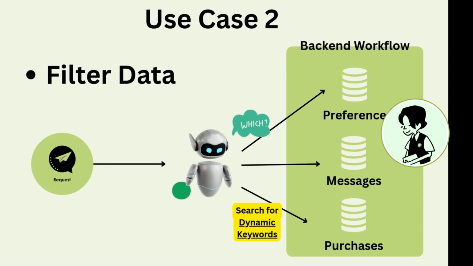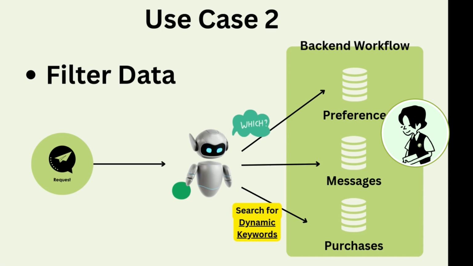Based on the user's request, you want to give this AI some kind of context, and you need to filter data. You can use AI to choose which data to return. Also, you can even get the AI to decide what the dynamic keywords are to filter data from this database.